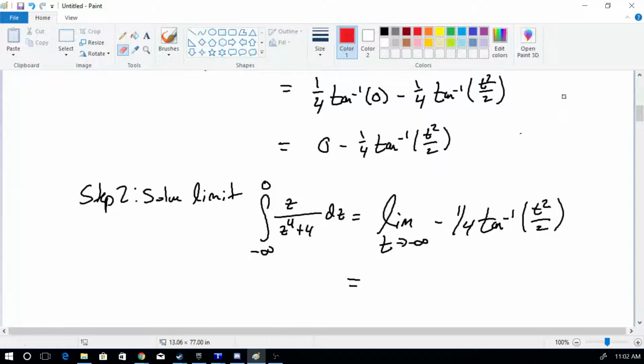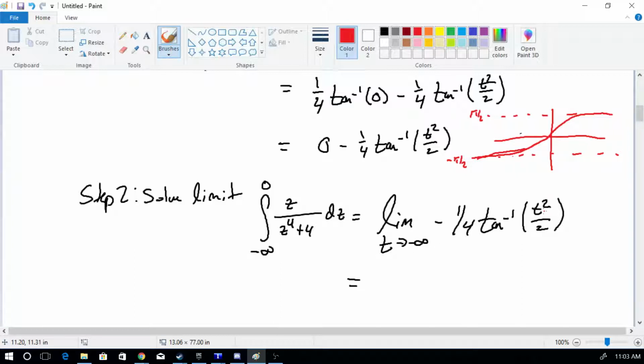Recall, arctan goes between negative pi over 2 and pi over 2. So t is going to go off to negative infinity.